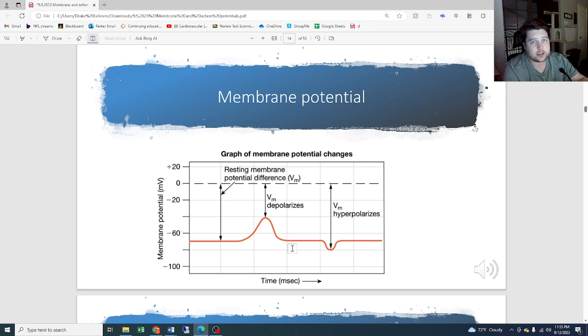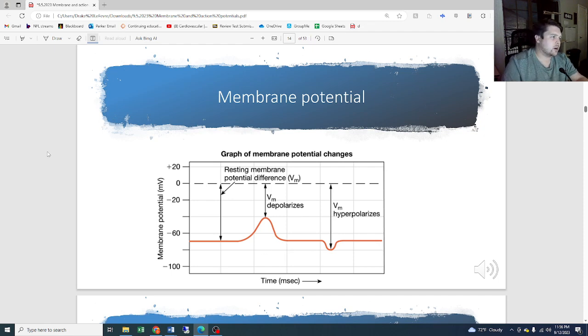There are different levels of negative for neural cells versus cardiac cells, the heart cells, versus skeletal muscle cells, and so on. We'll look at a couple of those differences, the ones that are most important that we deal with in physiology.